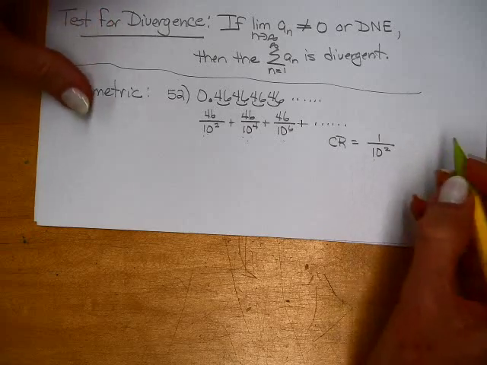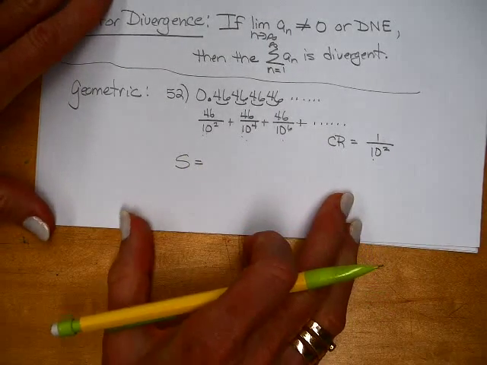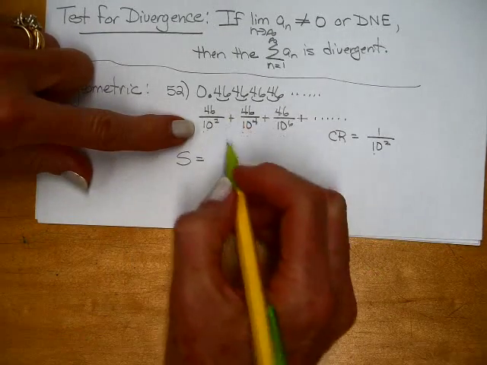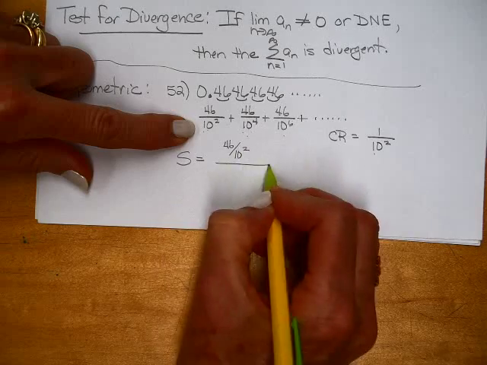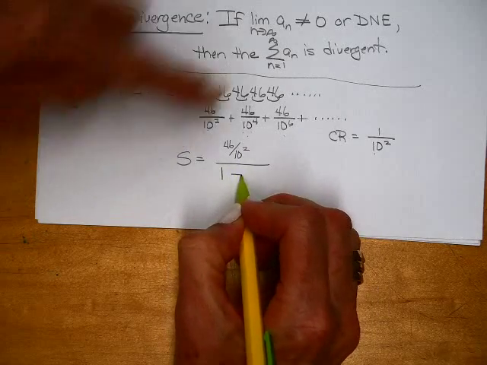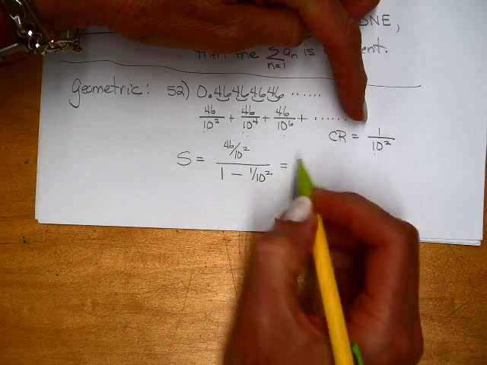That's your r. So to find the sum of this series, you take the first term, 46 over 10 squared, divided by 1 minus your common ratio, which is 1 over 10 squared.